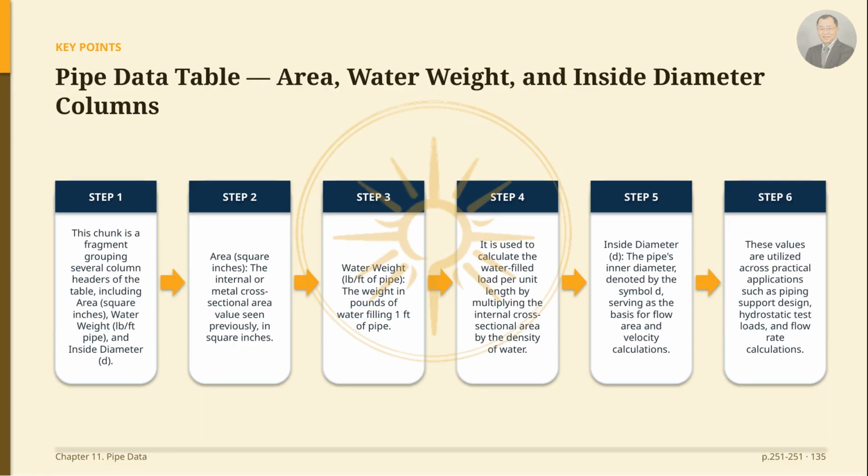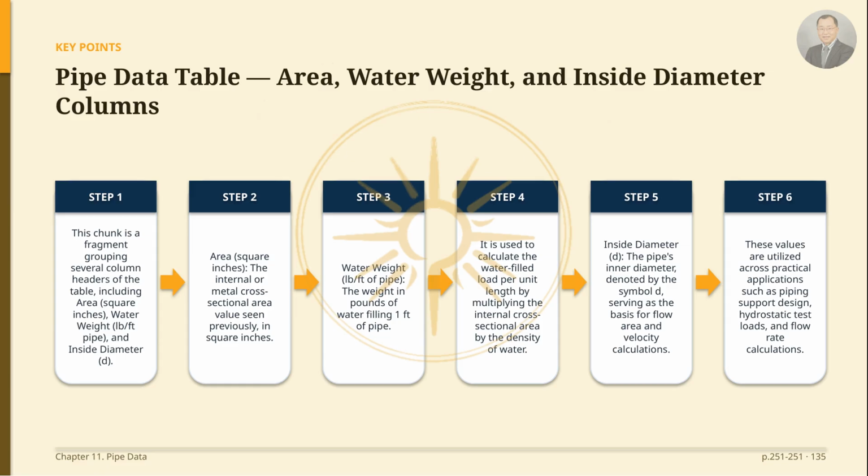Finally, I will introduce the section of the pipe data table where several columns are grouped together. This section includes 3 items: area, water weight, and inside diameter. First, area refers to the internal cross-sectional area or the area of metal discussed previously, with units in square inches. Next, water weight is expressed in lb/ft of pipe, representing the weight in pounds when 1 foot of pipe is completely filled with water.